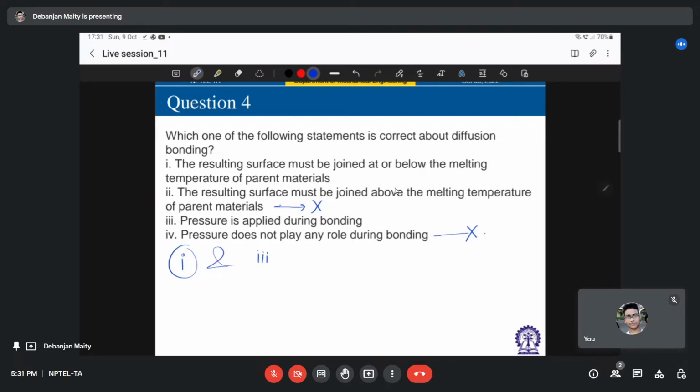So, as I was saying, diffusion bonding is a solid state bonding process in which the resulting surfaces are joined below the melting point temperature along with high pressure over a long period of time.